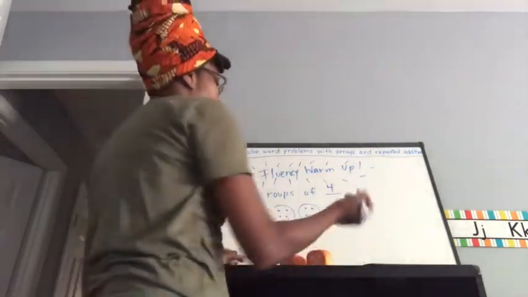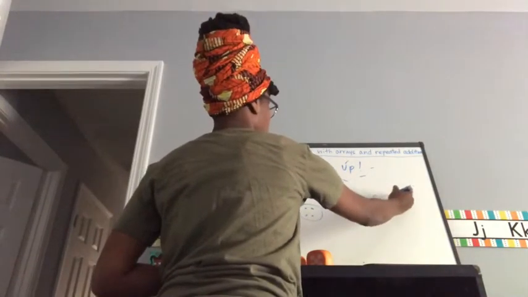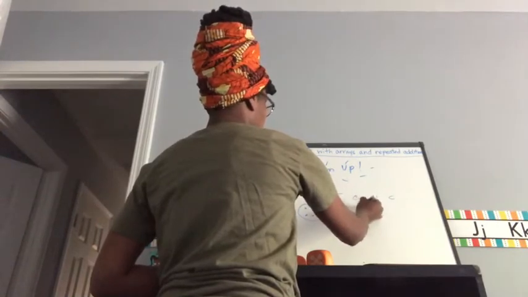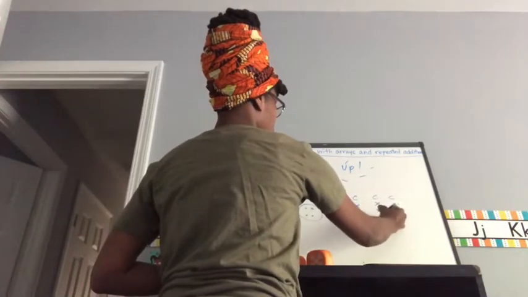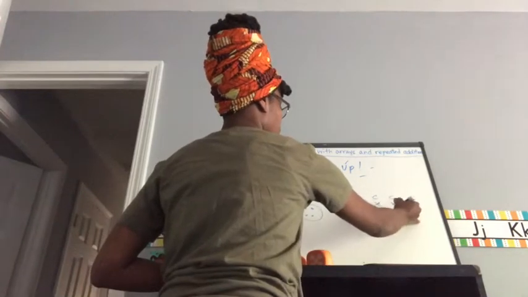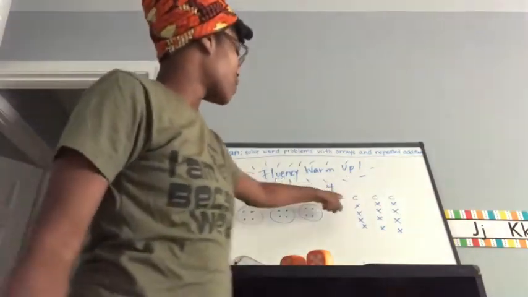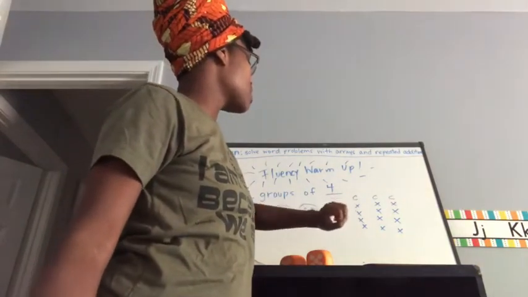I'm gonna go with columns. First, I'm gonna label 3 columns, and then I'm going to put 4 in each. See? I have 3 columns, 1, 2, 3 columns, and 1, 2, 3, 4 in each.